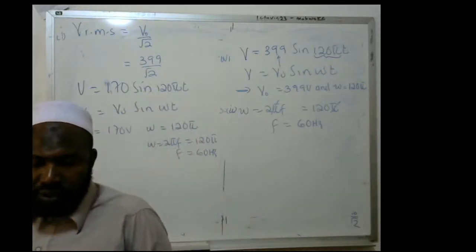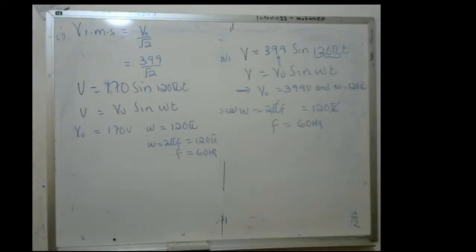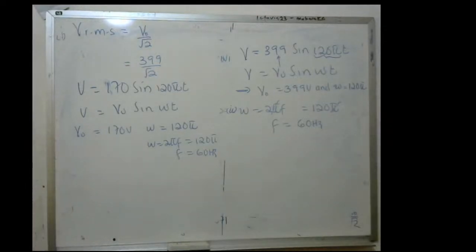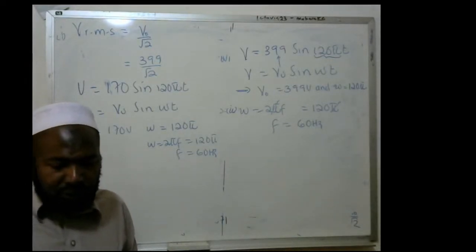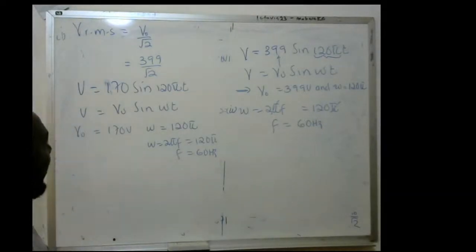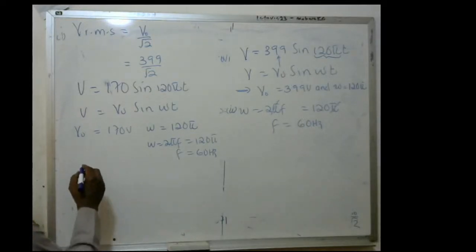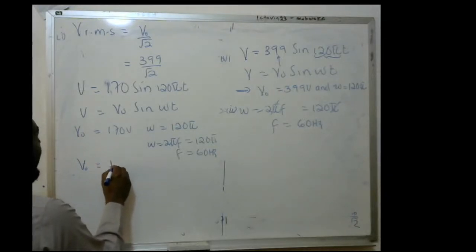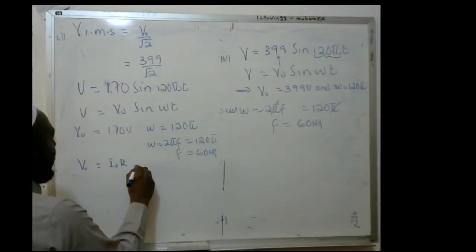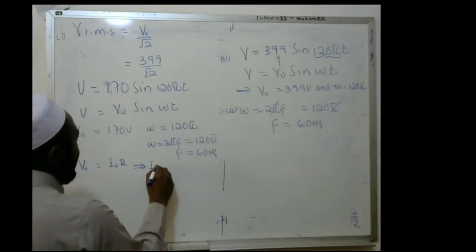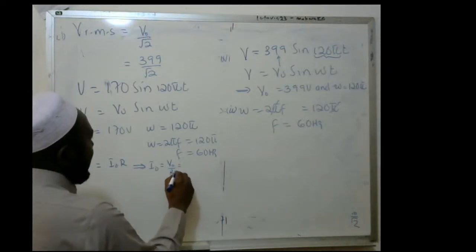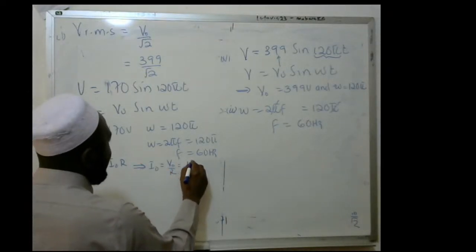So if our interest is to get the value of the current, we are going to first of all use the expression to get the peak value of alternating current. So from Ohm's law, V naught is equal to I naught R. So it will imply that I naught is now going to be V naught over R. And then V naught is given as 170.